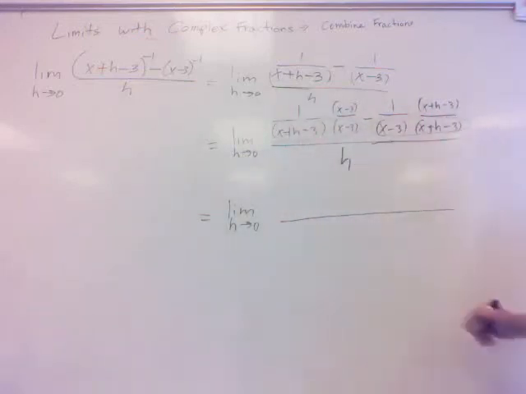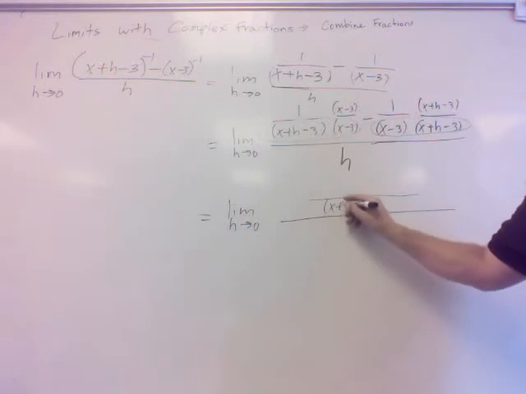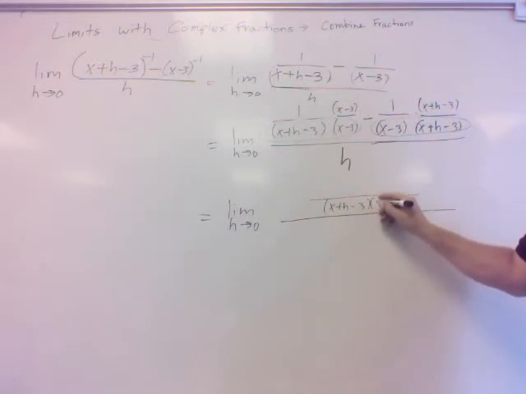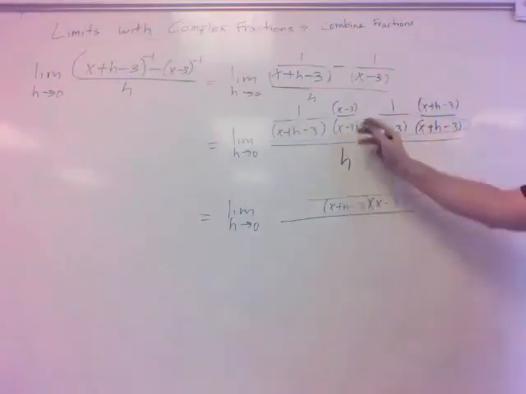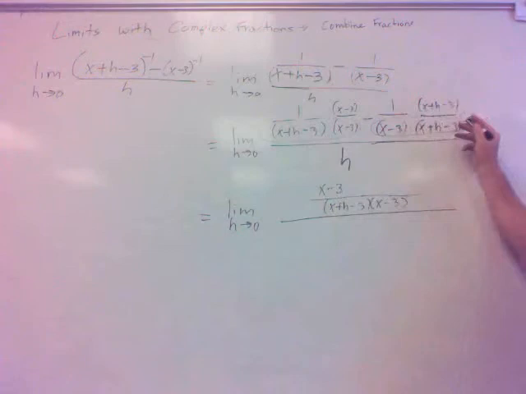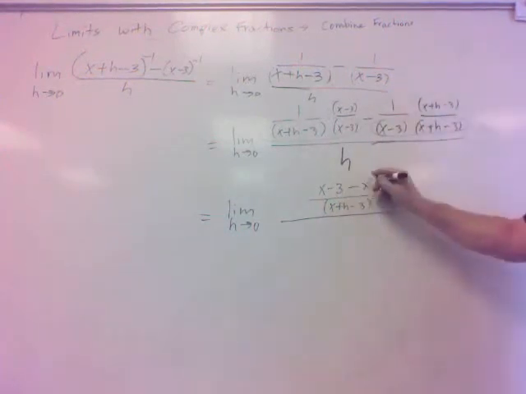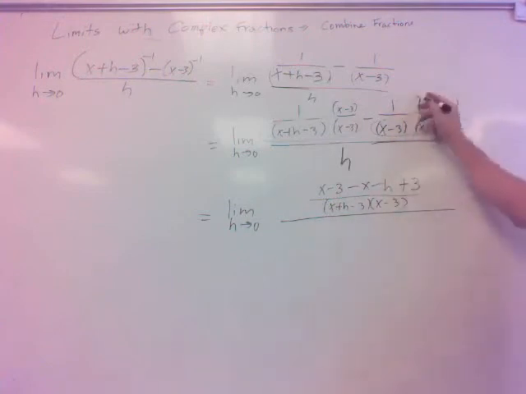So I can combine those into one denominator with this common denominator. The top over here is just x minus 3. The top over here, again, it's minus 1 times all these, so it would be minus x minus h plus 3, because that is a minus 1 times all those.